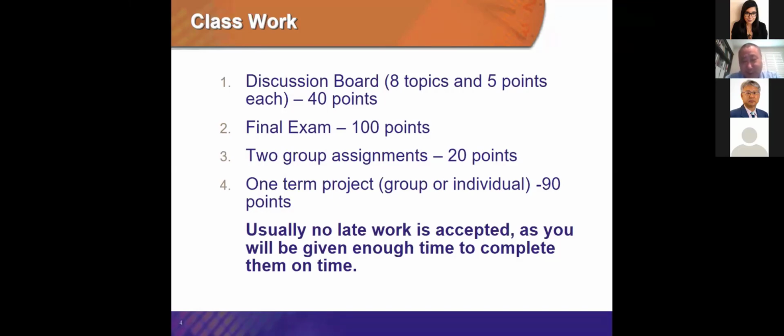There will be a group assignment, and the final exam is individual work. It's open book, open notes, but closed friend. So do it yourself. In a group assignment, you can work as a group, and sometimes you may have to do some research. I will use this also as an opportunity to cover some of the most current developments in the area.